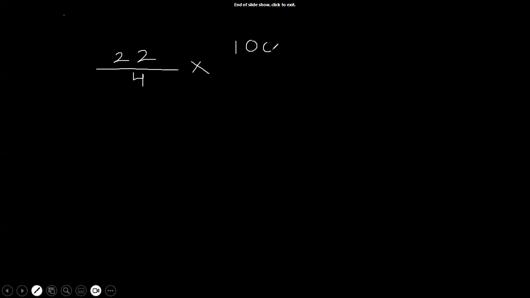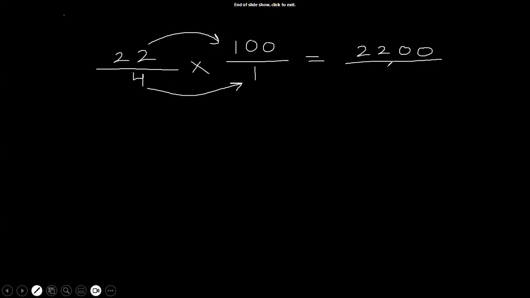Some people insist that it's 55. So we say 22 times 100, which gives us 2,200. So we say 2,200 divided by 4.